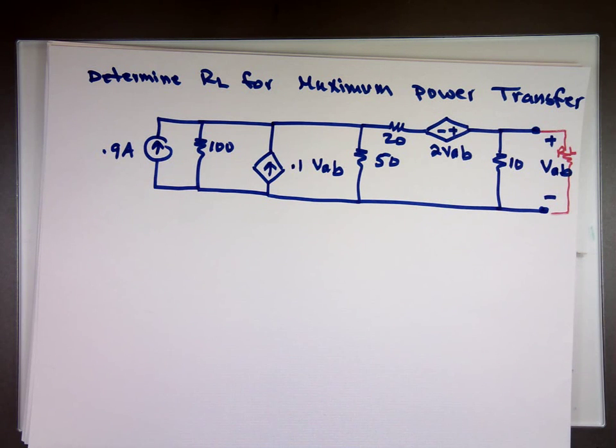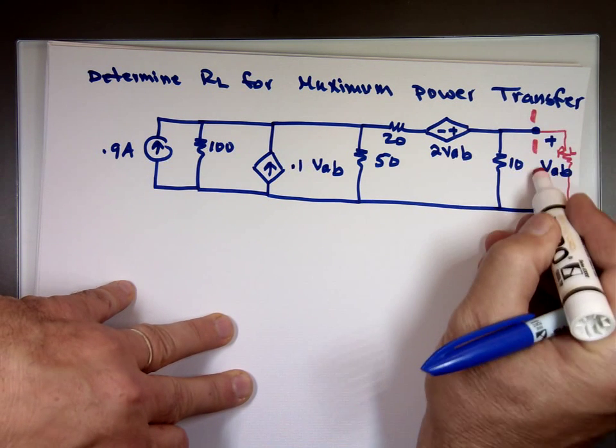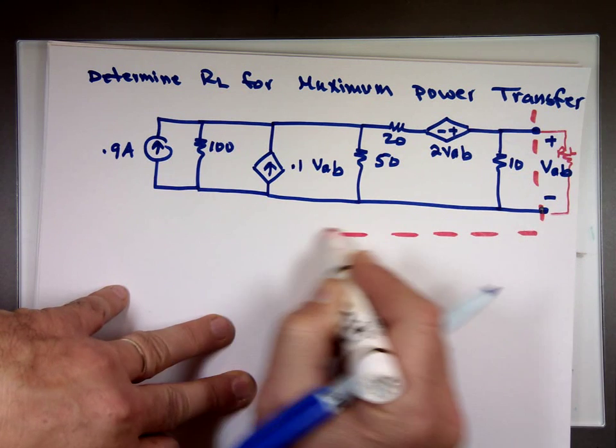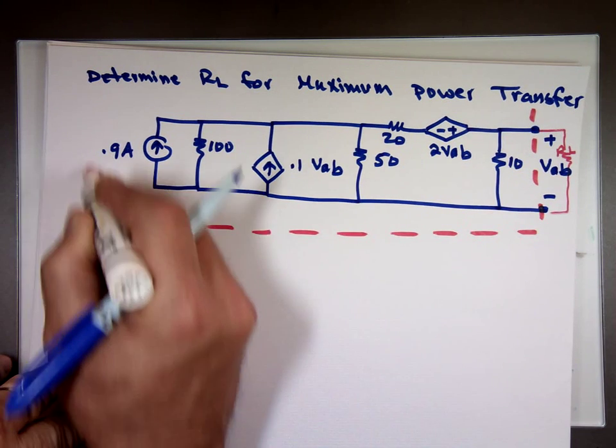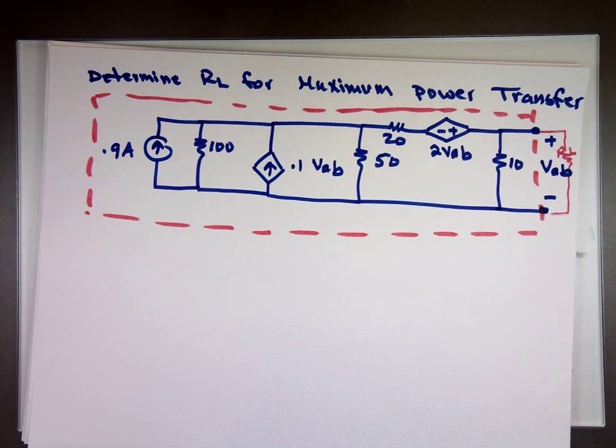So I've got to Thevenize my circuit. I've got to take my circuit and cut it right there and Thevenize it. But notice this circuit has what? Independent and dependent sources. So we have both.